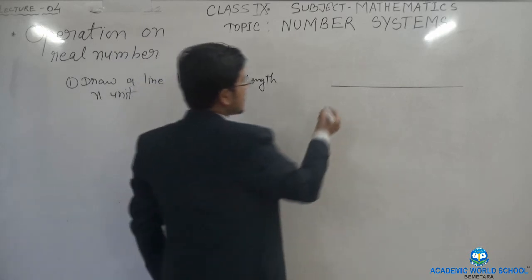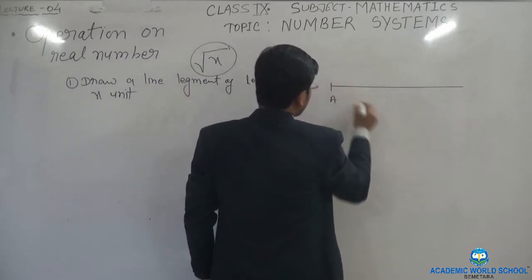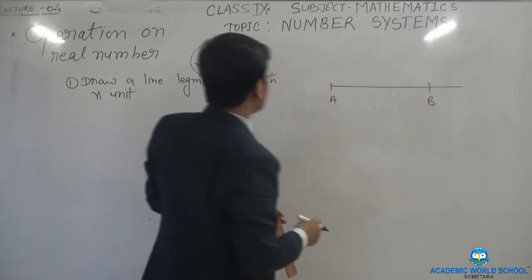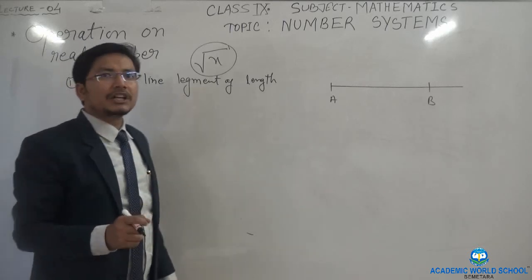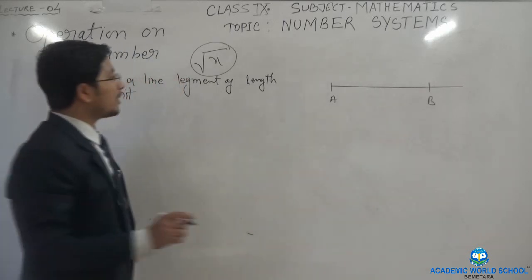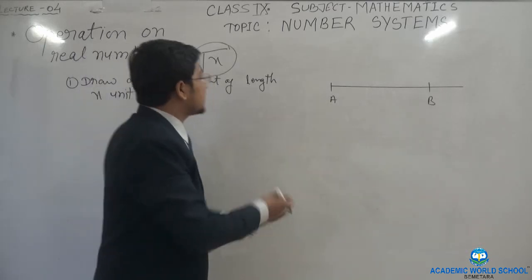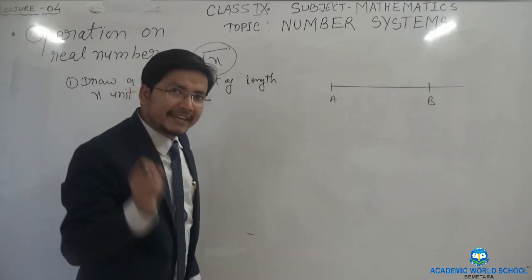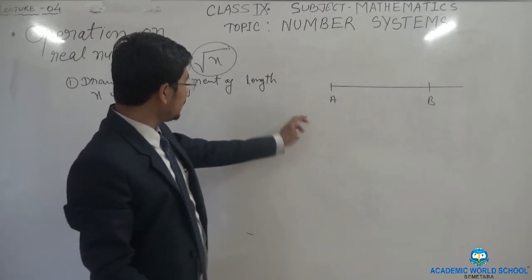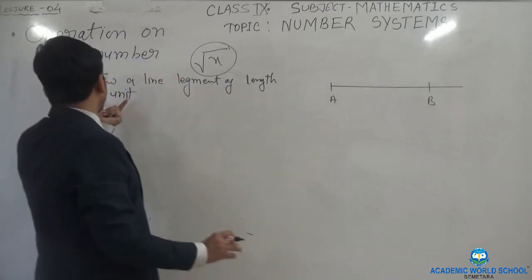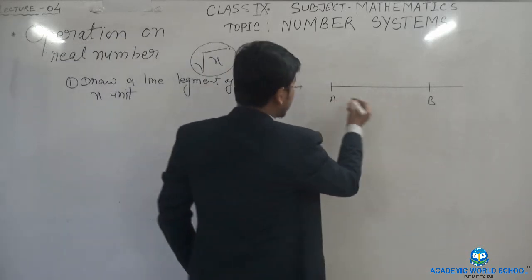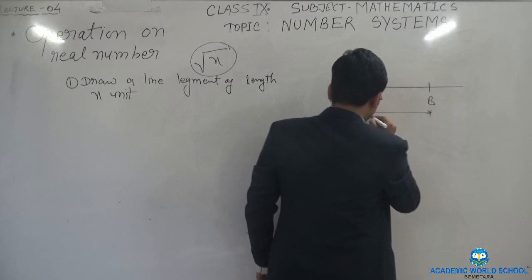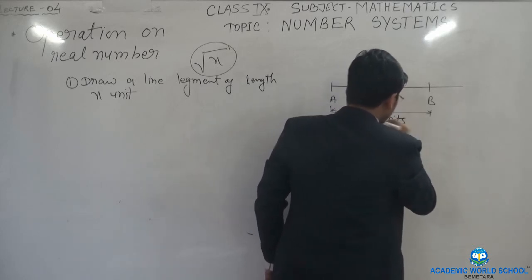Okay, so let's say this is A and this is B. So draw AB equal to x unit. This x can be any number. It can be 4, it can be 5.3, it can be 4.3, it can be any number. So we draw a line segment AB equal to x unit.